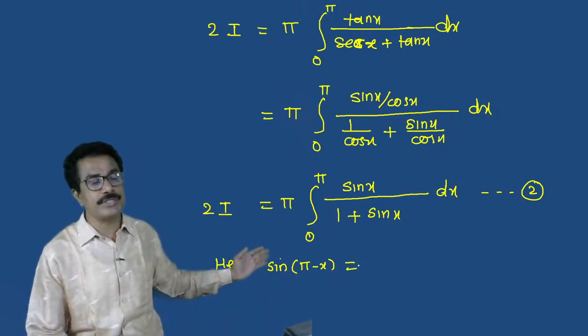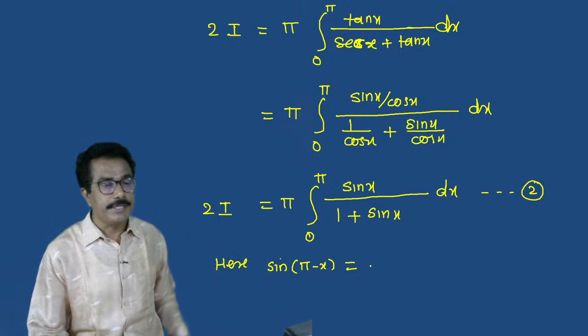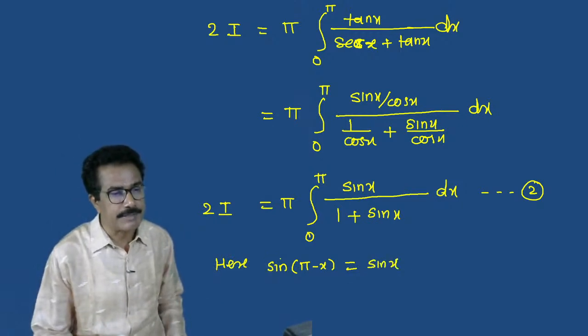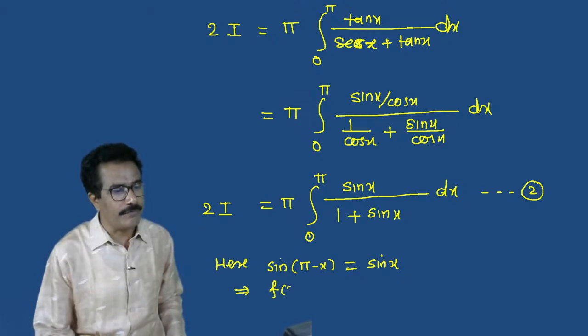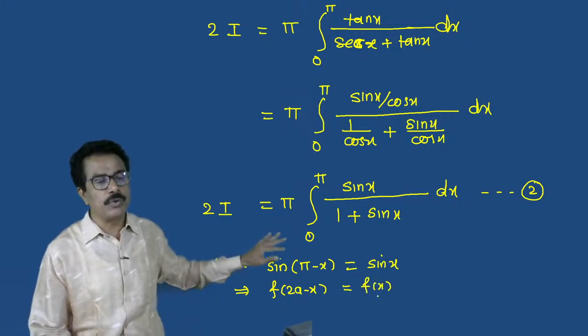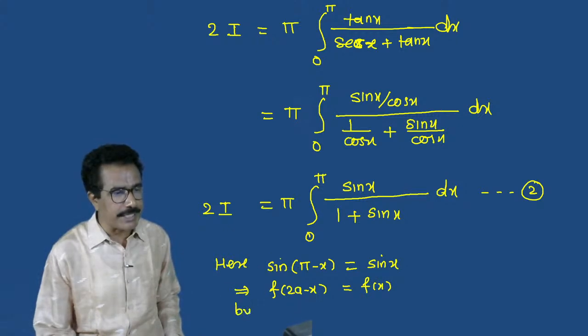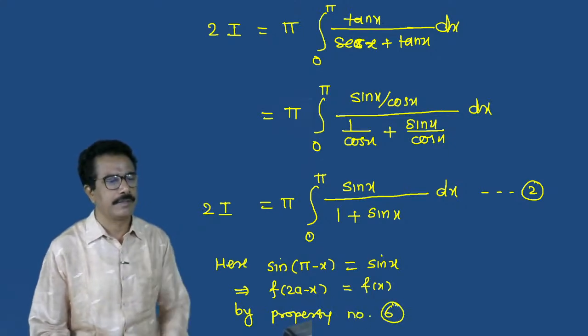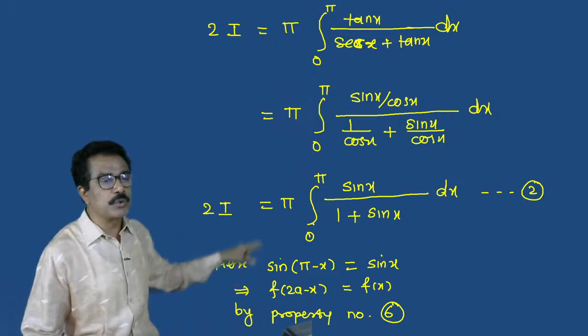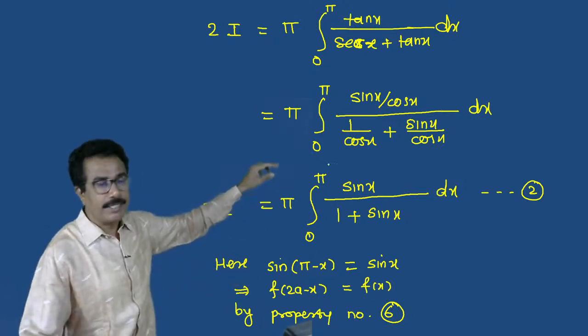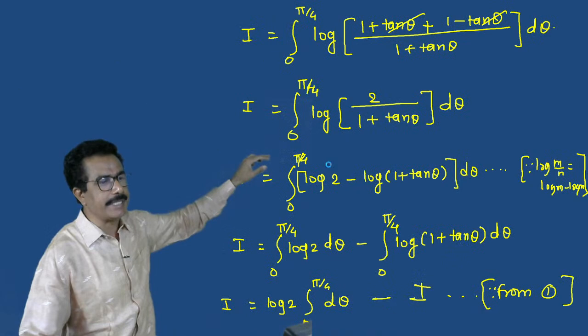Now you tell me what is the value of this? It will be sin x. This implies that f of 2a minus x is equal to f of x. Then we have to use property number 6, if we put 2a equal to pi.